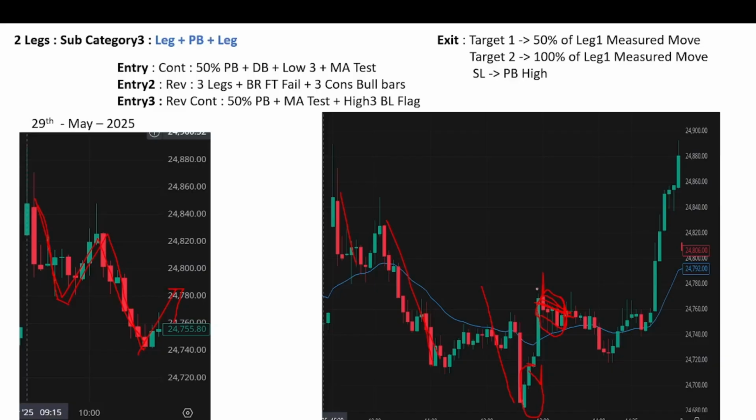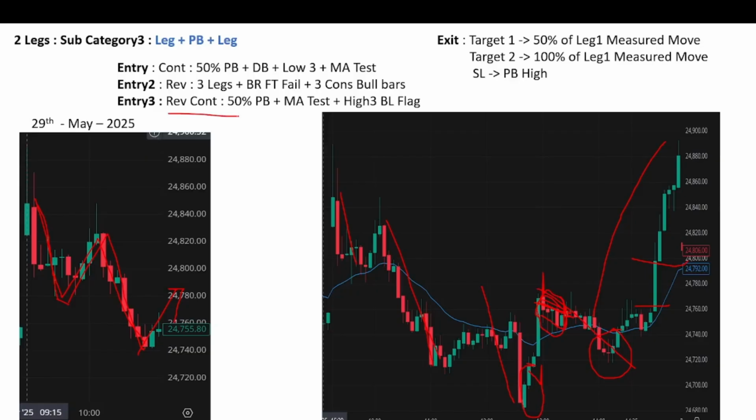This happened to be a bull flag, and it also gave you a high 3 entry around here. If you hadn't entered here, you can also enter here, and eventually you can get your 0 to hero trade on this day.